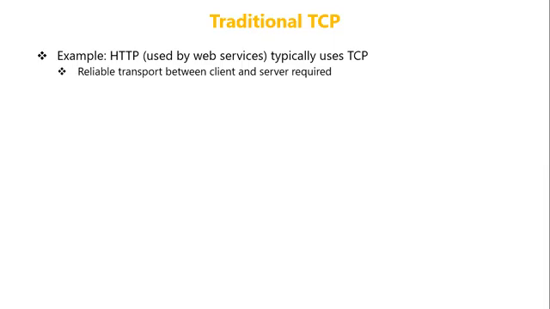The transport layer protocols mainly perform two functions: checksumming, and multiplexing and demultiplexing of data.